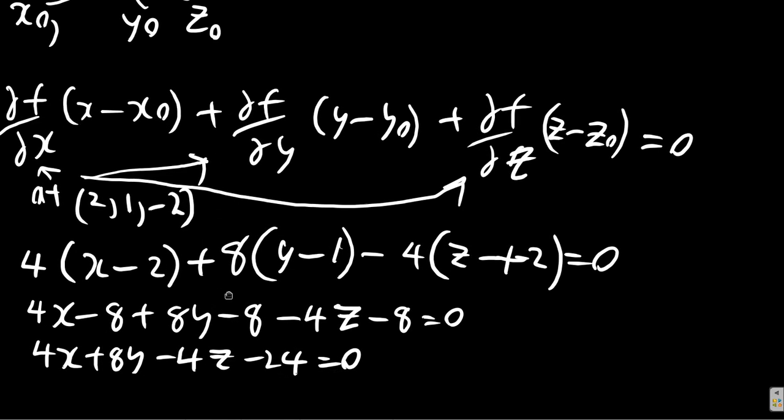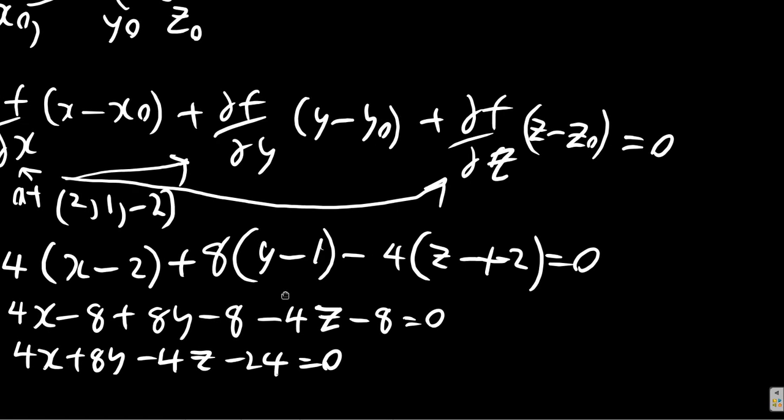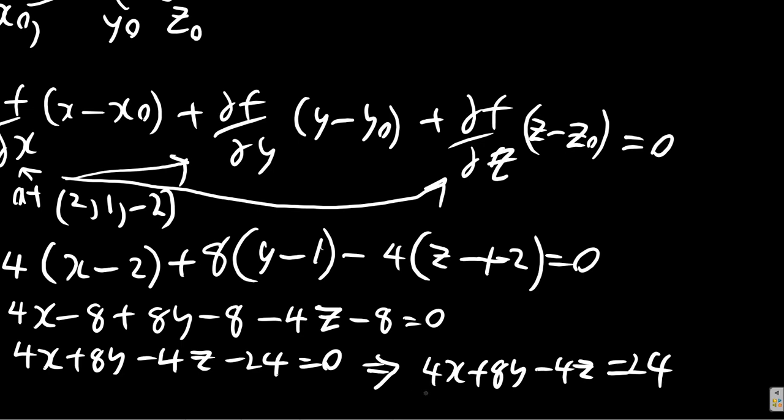It seems like we run out of scrolling space. Now this implies that 4x plus 8y minus 4z is equal to 24. You could divide by 2, and you have 2x plus 4y minus 2z is equal to 12. So that's a formula for the tangent plane.